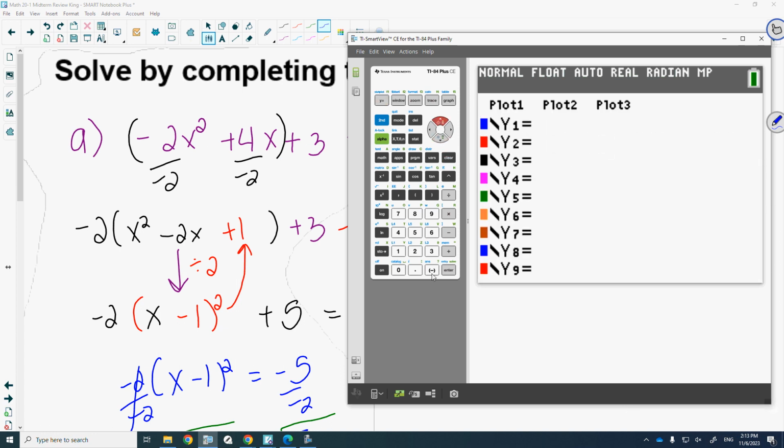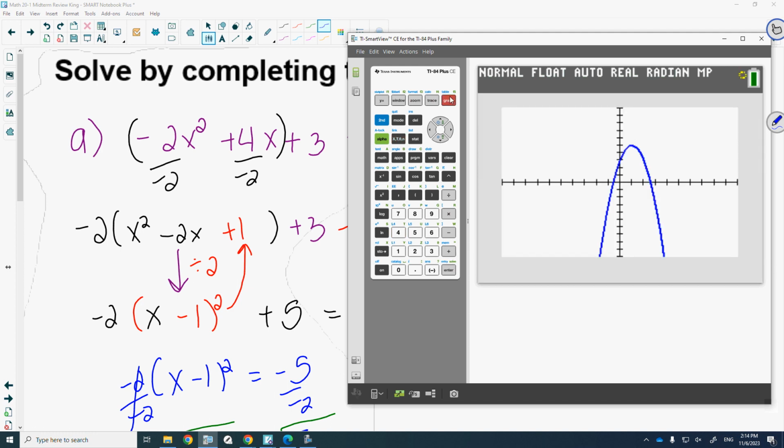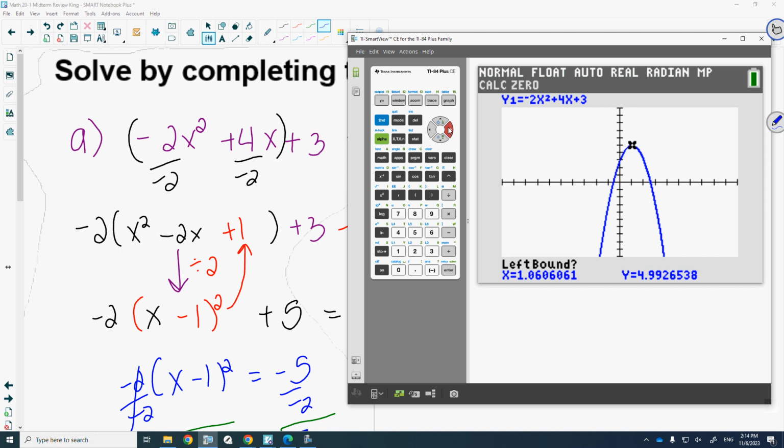So punch this into y1: negative 2x squared plus 4x plus 3. We know that we can get our x-intercepts just by finding the zeros. So second, calculate, zero. We'll go left of the zero and right of the zero.